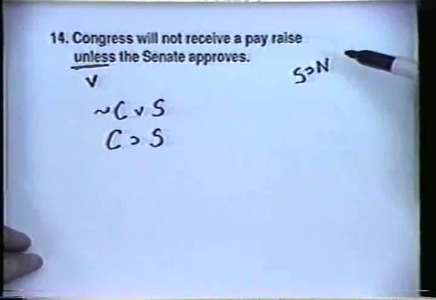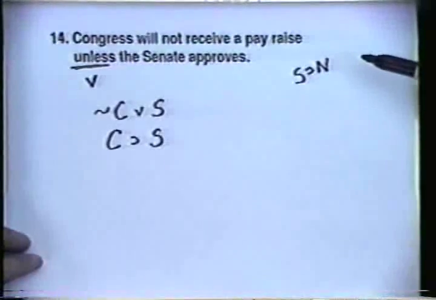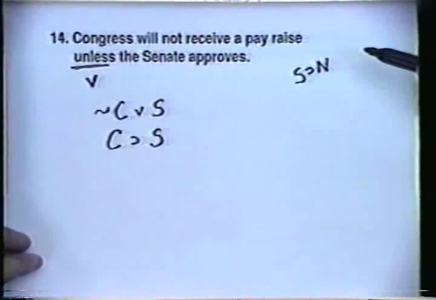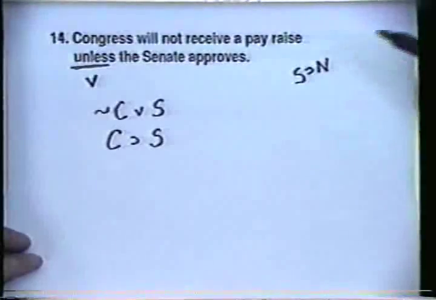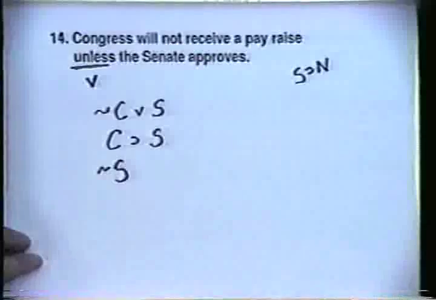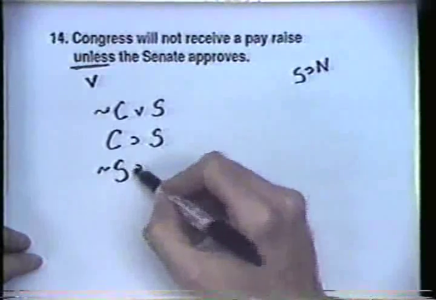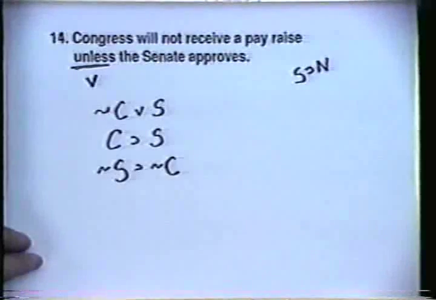Also, we could do this in terms of sufficient conditions. The Senate's not approving the pay raise is a sufficient condition for there being no pay raise. That's what 14 says. And that, of course, could be done in this way. If the Senate doesn't approve, then the Congress will not receive its pay raise.